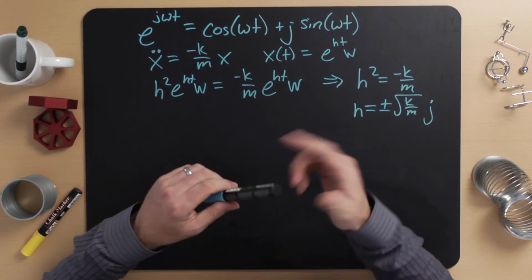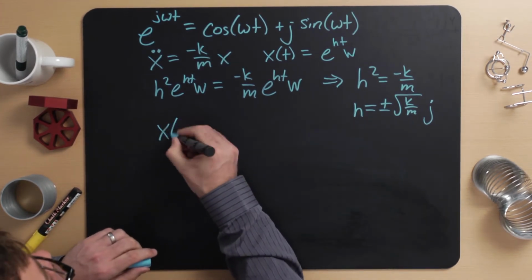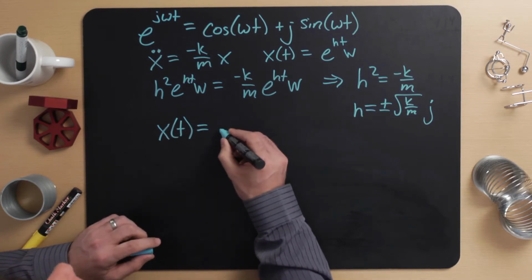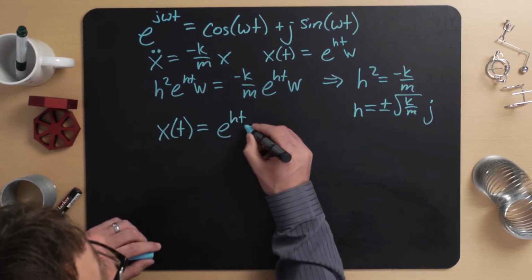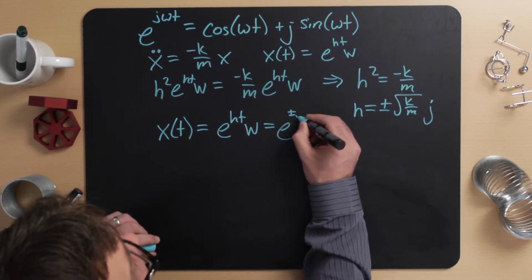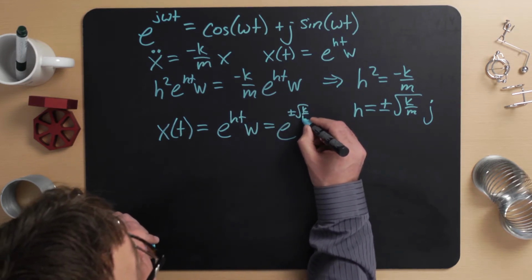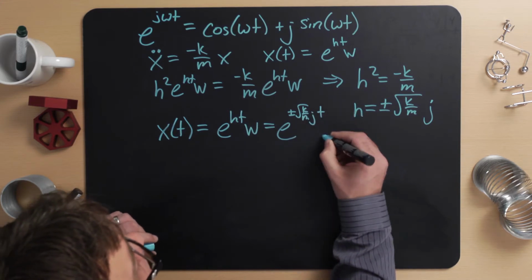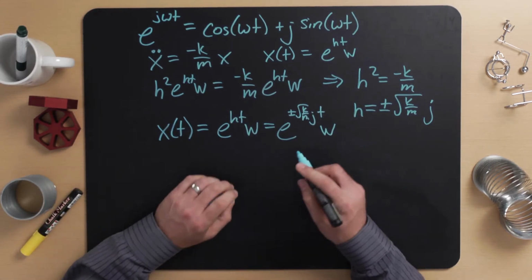This means that x of t is equal to e to the ht w, which is equal to e to the plus or minus square root k over m times j, all times t, times w.